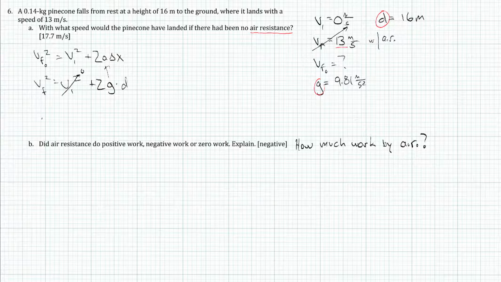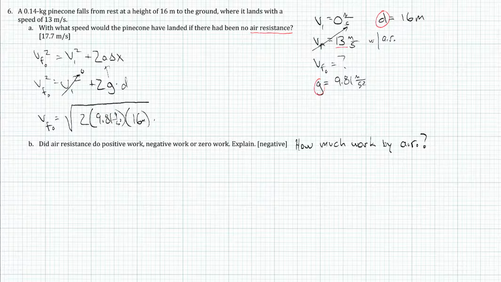Our final equation for final velocity without air resistance is going to be the square root of all that, because the original equation had V final squared and we just want V final. So that's the square root of 2 times gravity, 9.81 meters per second squared, times our distance d, which is 16 meters.